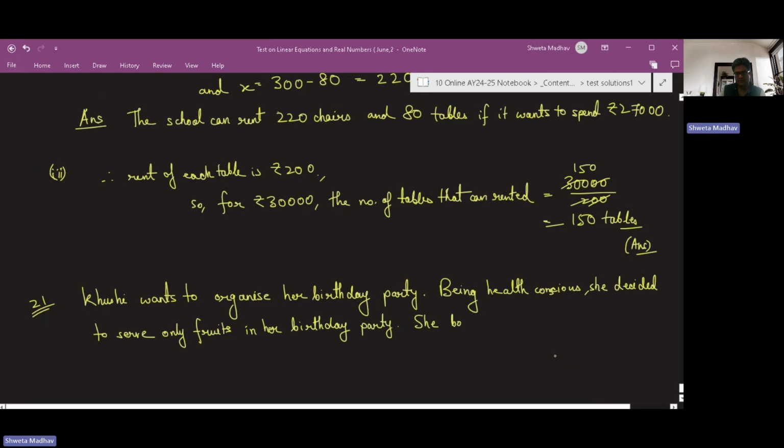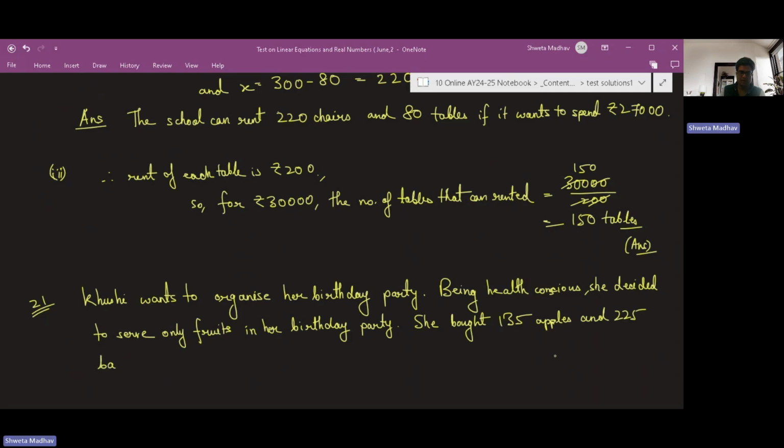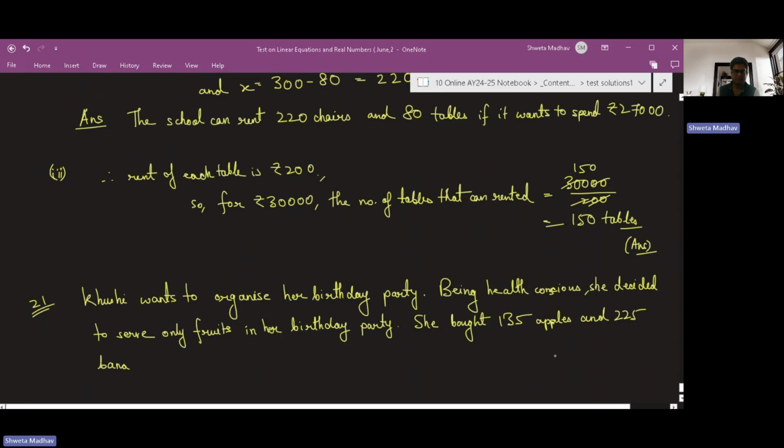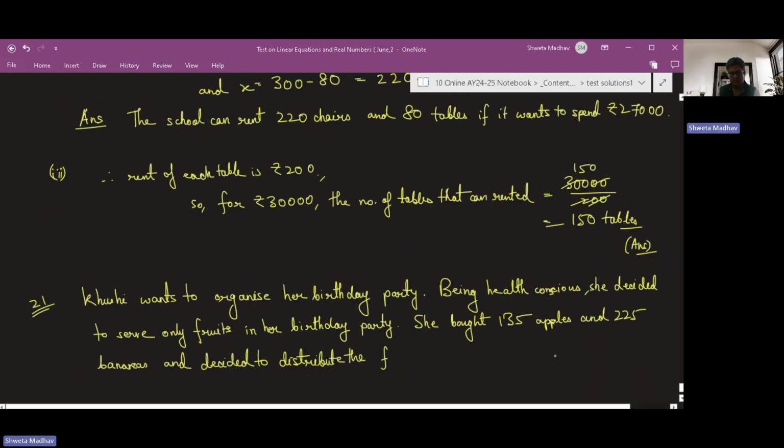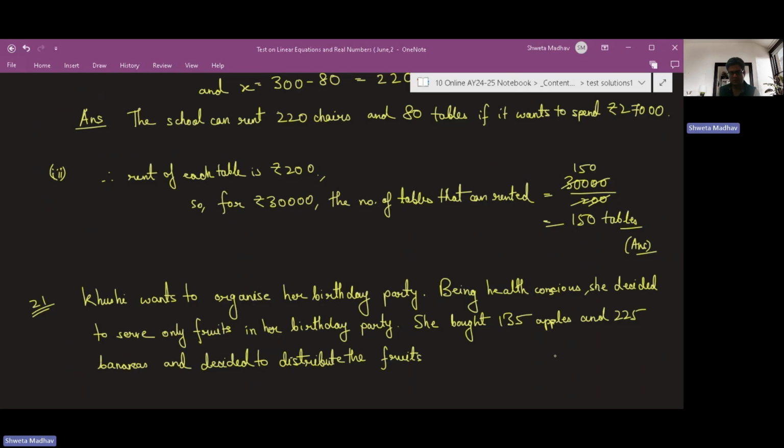She bought 135 apples and 225 bananas, and decided to distribute the fruits equally among all.